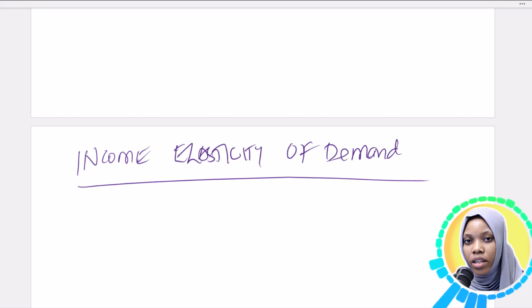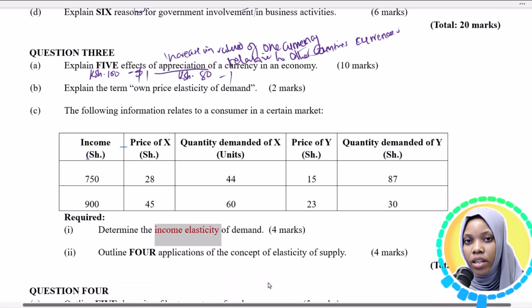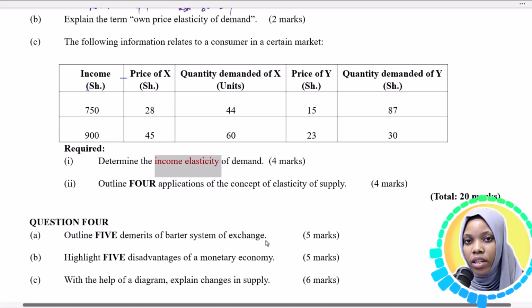That is what we are required to do. And let's start with the initial income. Now we are calculating the income elasticity, so we don't need the price. So it's the income and the quantity.